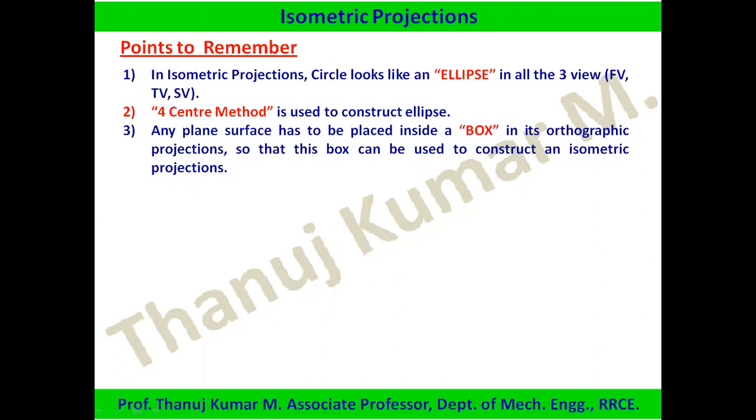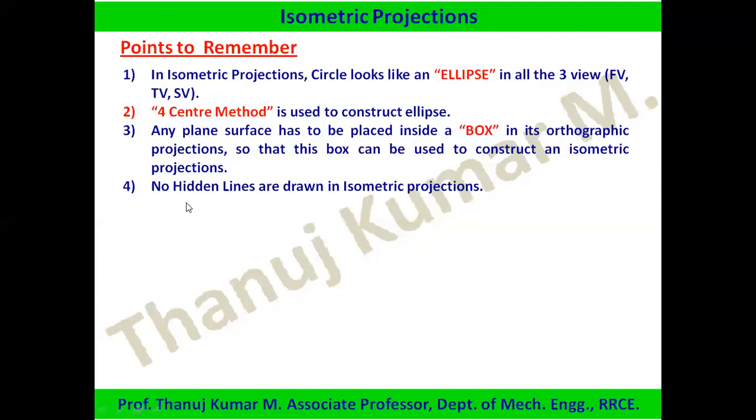If you remember, in the projection of solids, in the fourth position, the apparent view that we used to draw in the top view, we used to put that in a box to reconstruct the same with respect to VP inclination, right? The same concept you have to use here. Any drawing you're taking has to be put in a box. When I solve a problem, you'll understand the importance of this box.